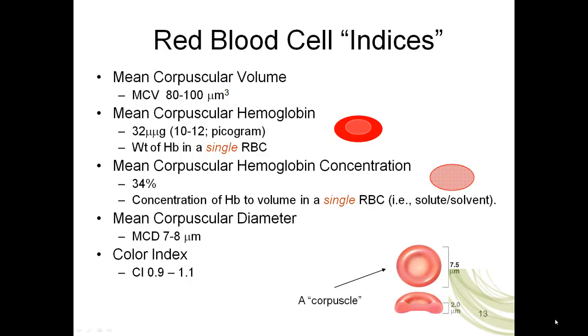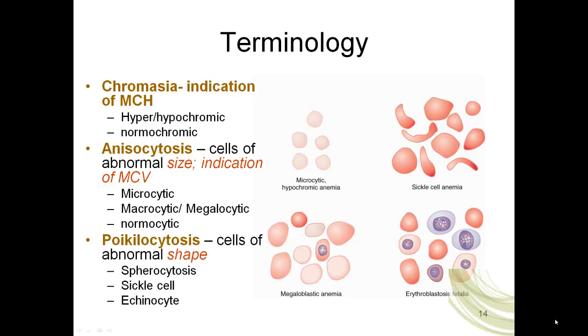Is it looking very pale red, and therefore the red blood cell only has half the hemoglobin in it that it should? Again, it's a very subjective number. So our normal class value will be 1. I know there's a range on the screen, but we're going to say 1.0 is our normal class value for the color index.